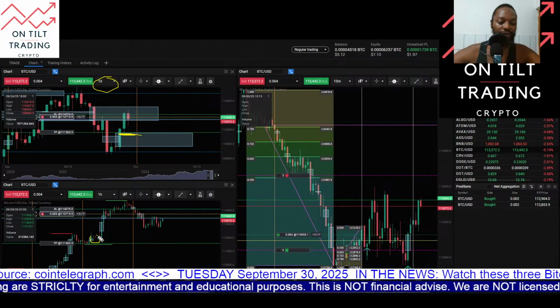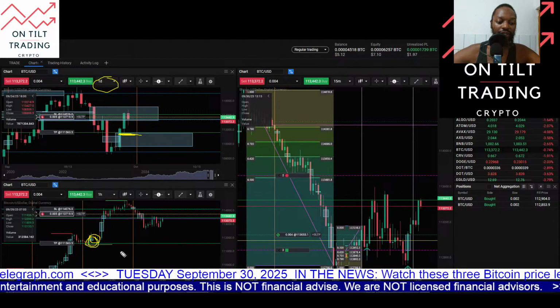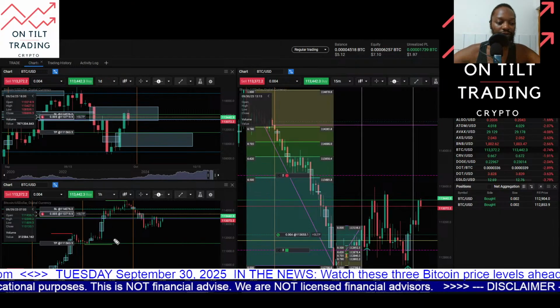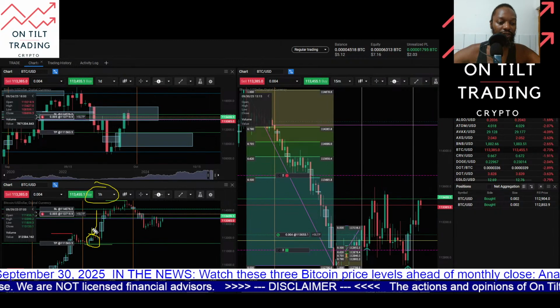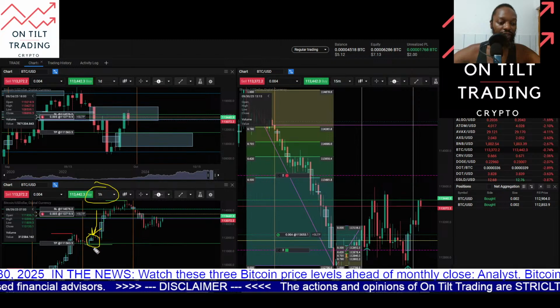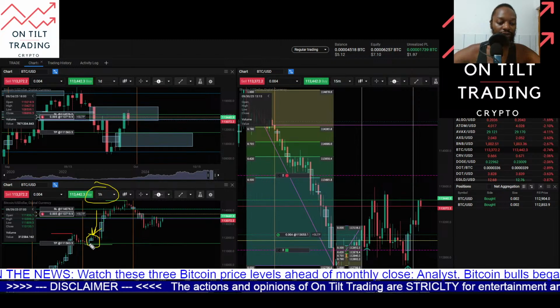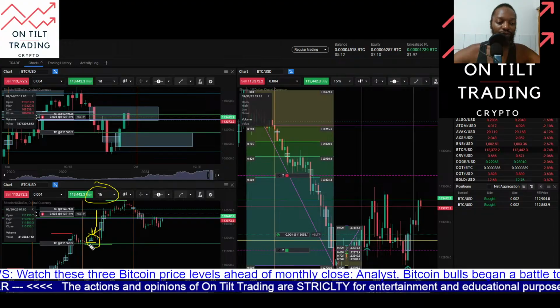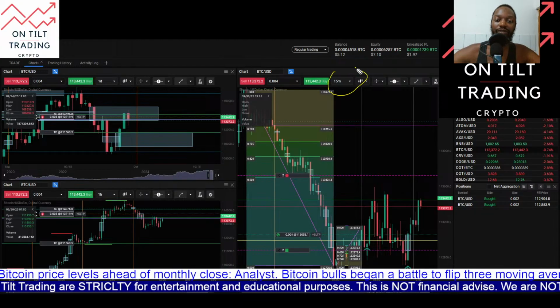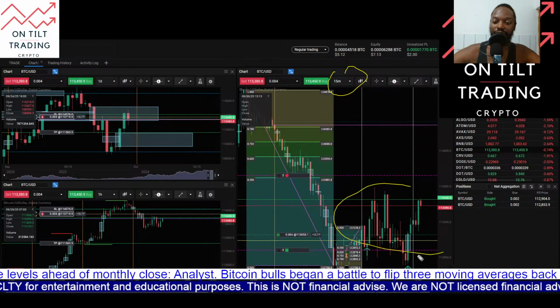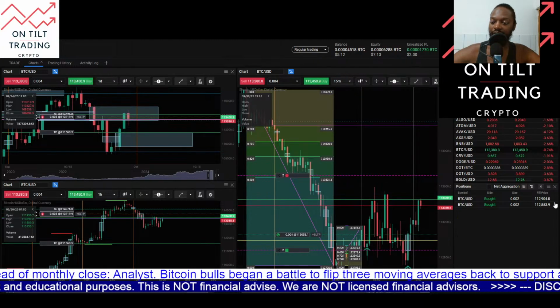I'm actually going to target this fair value gap right here. You can see on the 60-minute, I want to target this fair value gap. So this trade is for a rebalance of this fair value gap, and my target is actually chosen off of the 15-minute, but I want to keep an eye on this area for right now.